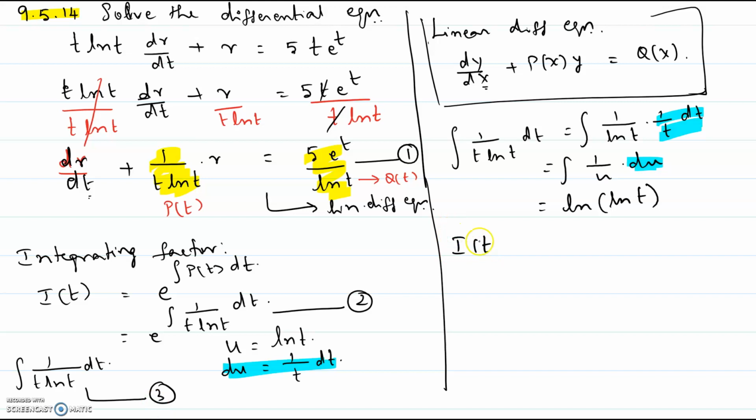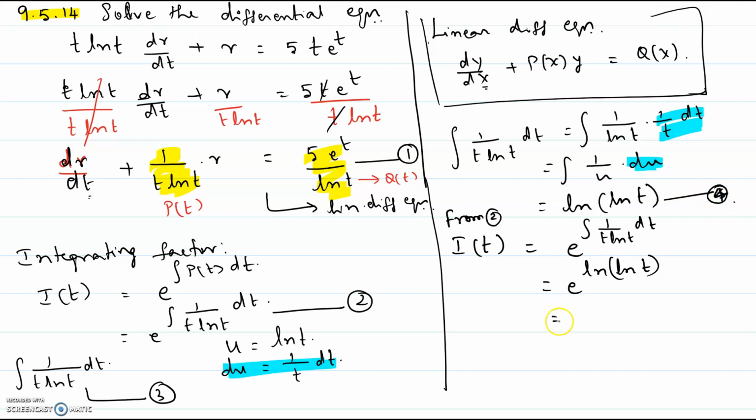Getting back to the integrating factor, which is step 2, it is e to the exponent integral of 1 over t ln t dt. This is from expression 2. So that will be e to the ln of t, which is what we found out in 3. e and ln are inverses, so it is just ln of t.